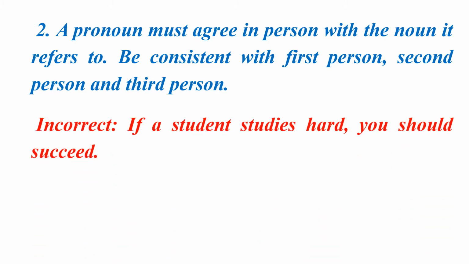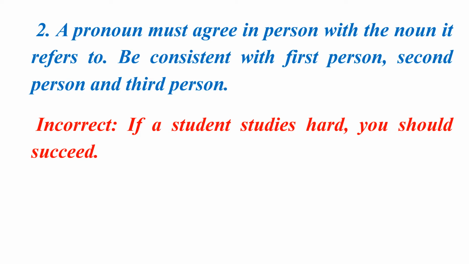Here's an example: If a student studies hard, you should succeed. Here, as a subject, we use a student, but in this sentence, we use you. So there's a confusion between the two types of persons here.